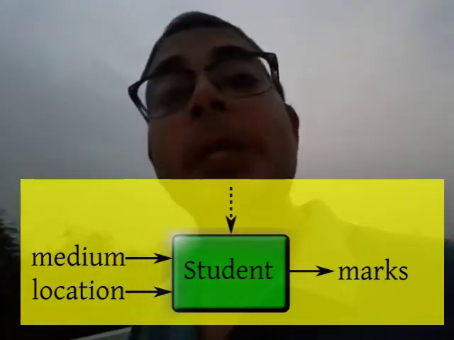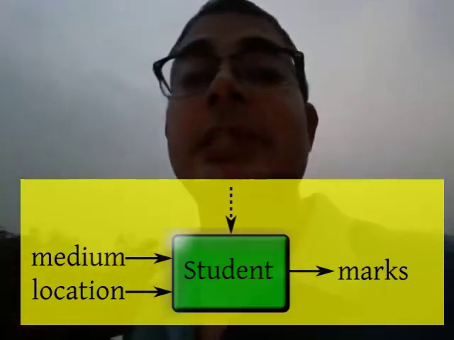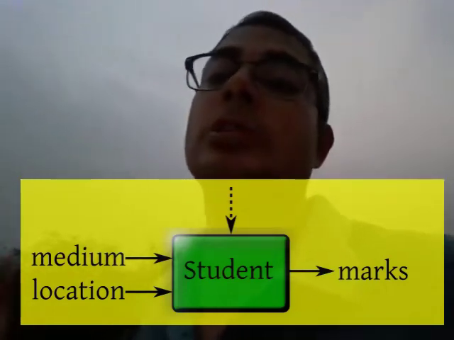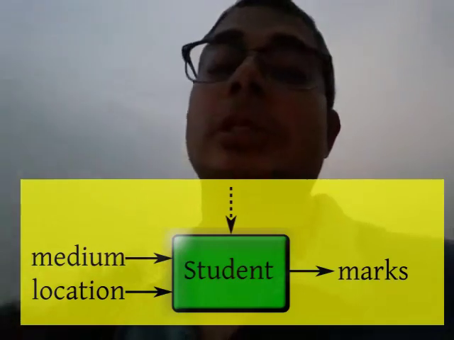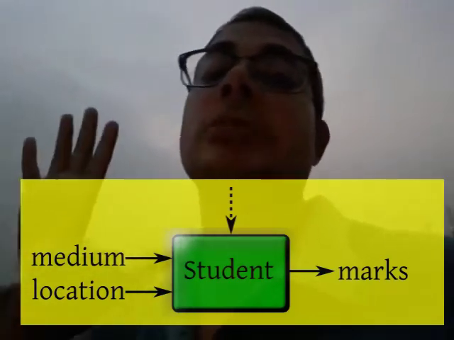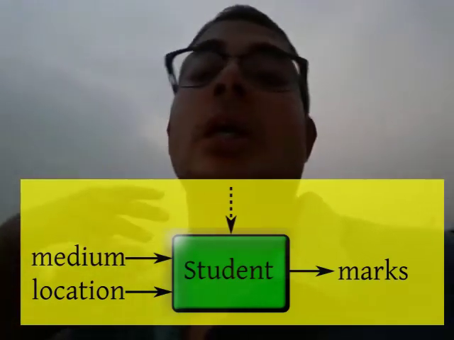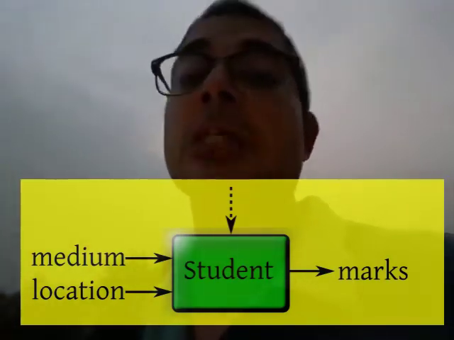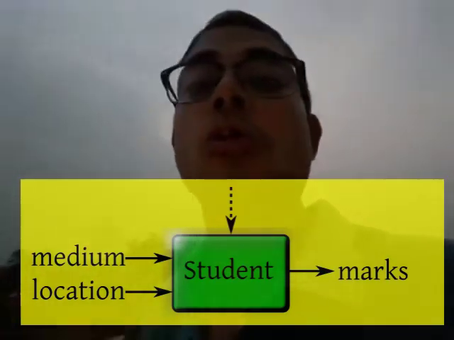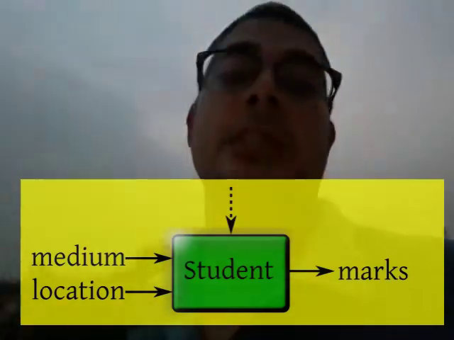You have to pick students in a way such that, suppose there are two media and two locations, so 4 possibilities. Pick some, for example, pick 10 students from each of these possible combinations randomly and then look at their marks in some board exam.